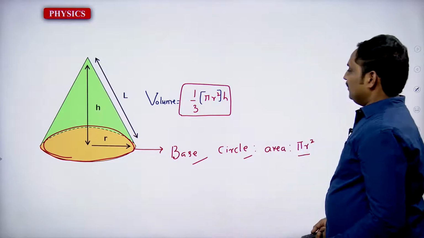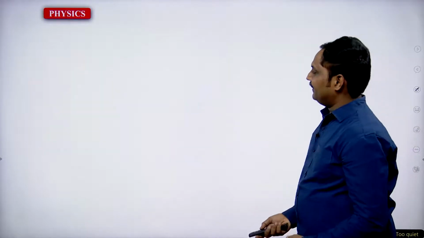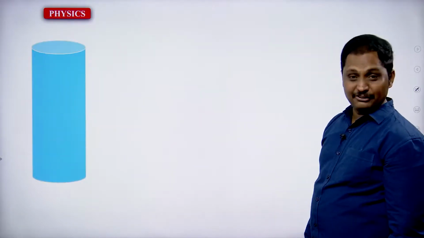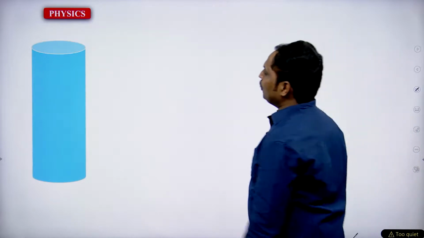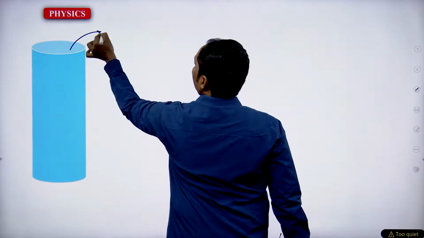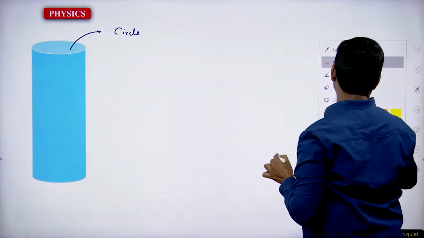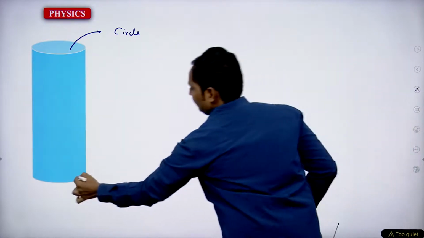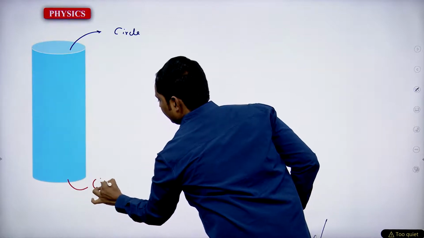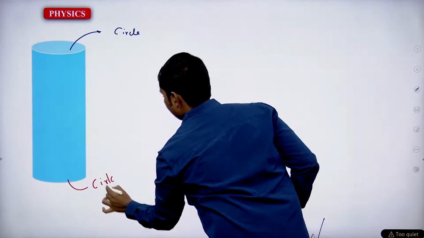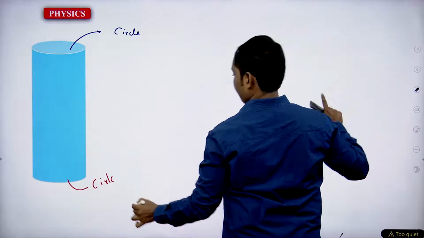Suppose if you are going to get a cylinder. So, the top layer is going to be in the form of circle. This is also in the form of circle, just you can take that.